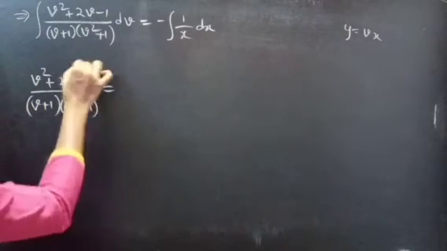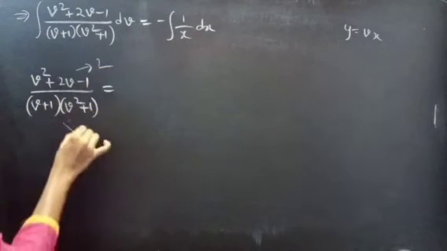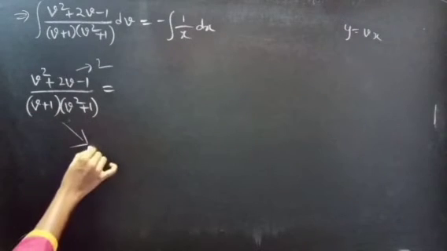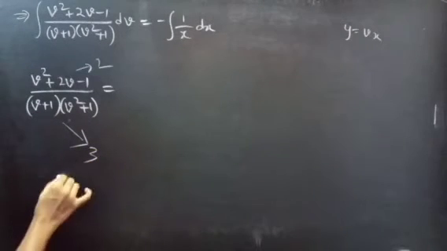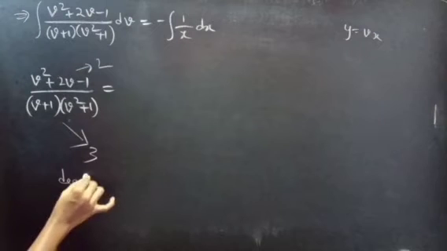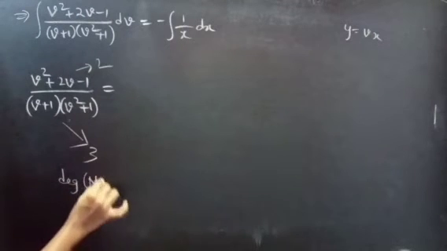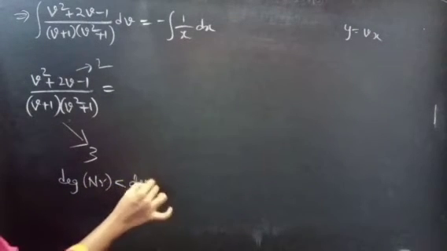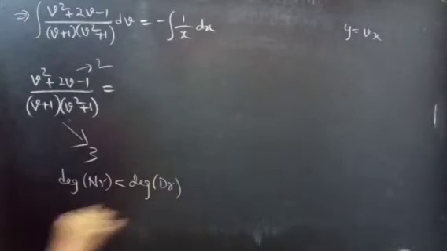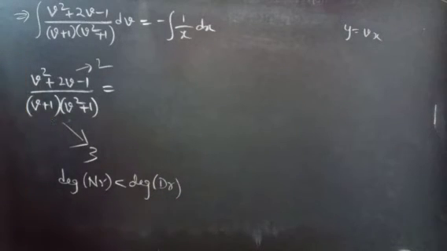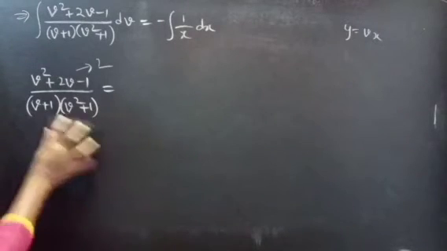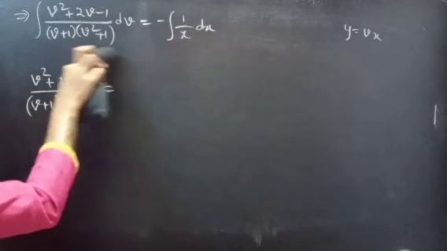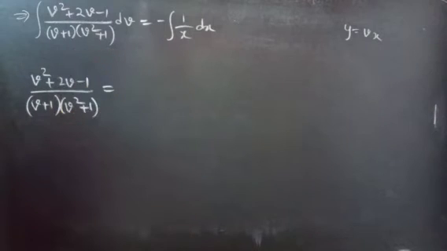The degree of numerator is 2 and the degree of the denominator is 3. So degree of numerator is less than degree of denominator. So from this we can say that the fraction is a proper fraction. Well, now we'll resolve this to partial fractions.